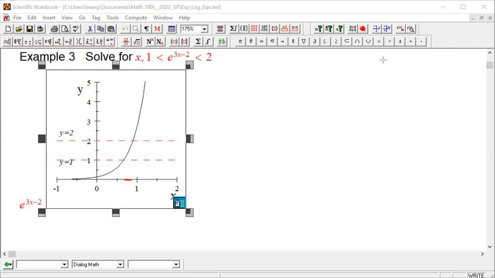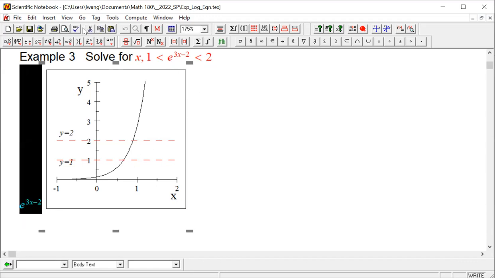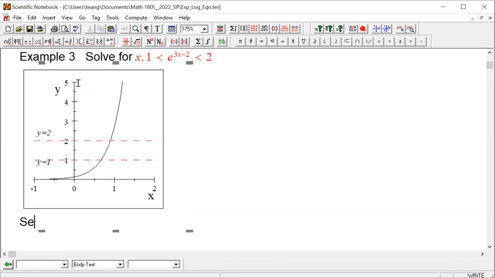So how do we determine the point? You're going to figure out when e to the power 3x minus 2 equals 1 precisely. So we're going to determine this point precisely. We set this piece equal to 1. What would that be? Well, 1 equals e to the power 0.